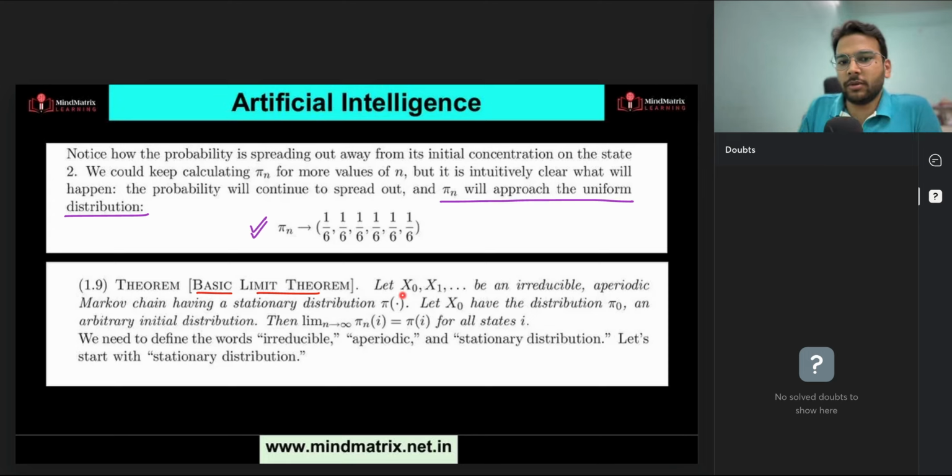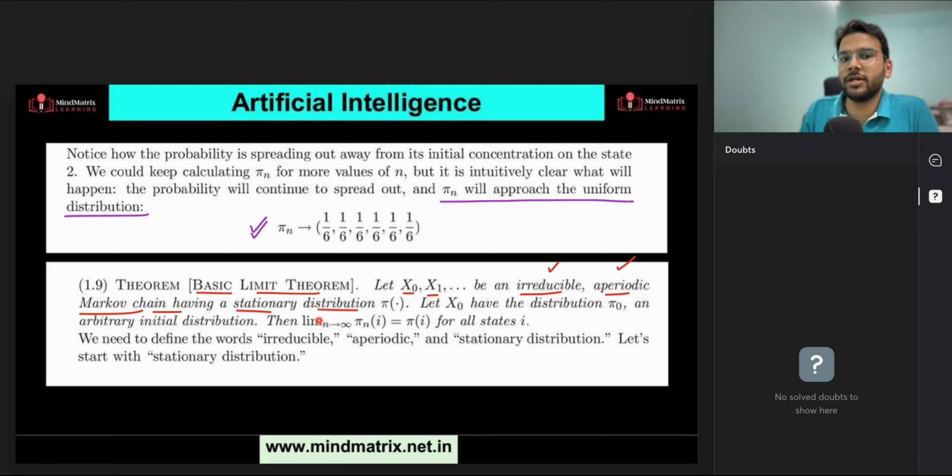So this basic limit theorem says: let x0, x1, and so on be an irreducible aperiodic Markov chain. Now you may be asking, sir, what is irreducible? I will be discussing that, and aperiodic I will be discussing in the upcoming lectures. Just understand that the Markov chain we are talking about has a stationary distribution.